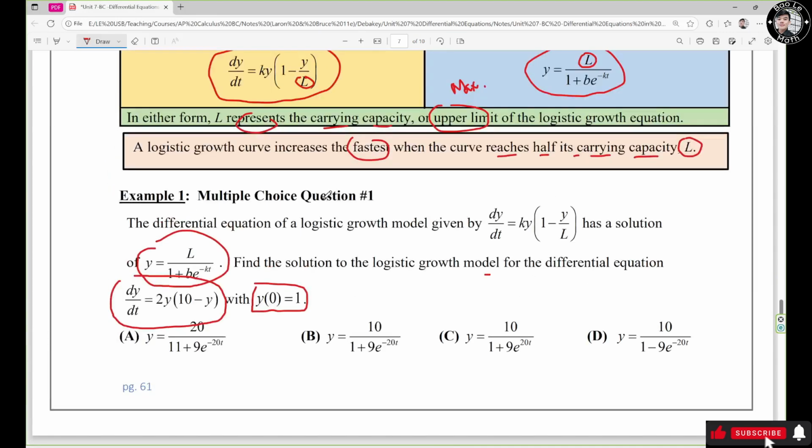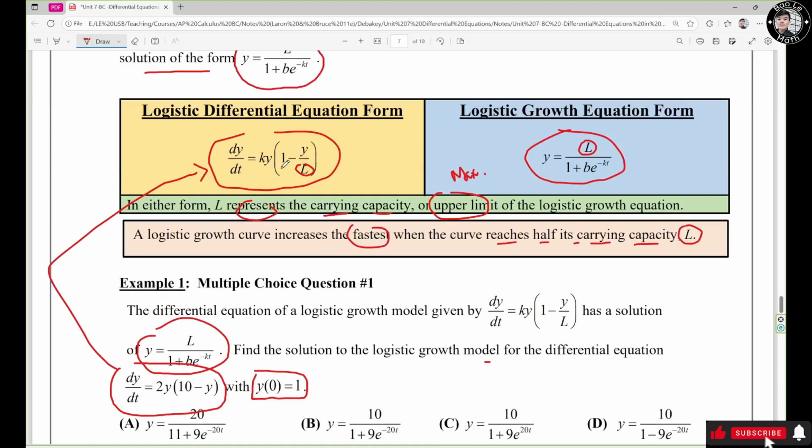So, first you need to write this in this form. How do we do that? We need to factor 10 out, because looking at the formula, we see that this one is 1, this one is 10. So I have dy over dt equals, factoring 10 out, 20y times 1 minus y over 10.